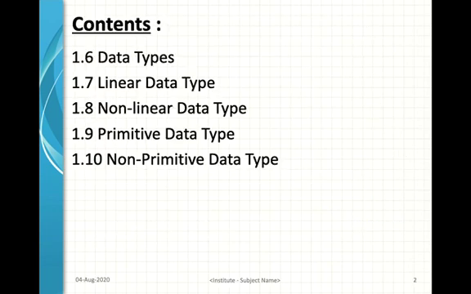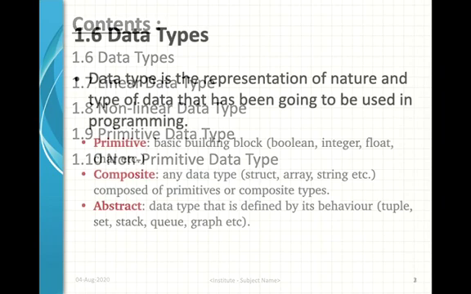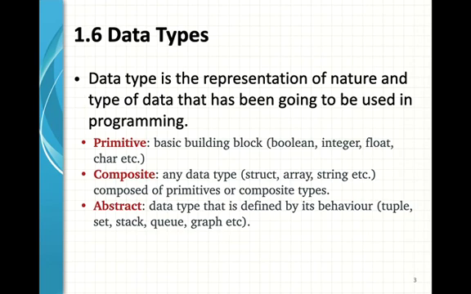Now data types. This lecture covers all types of data. First of all, what is a data type? You already have the concept of data type from the previous lecture. Again, a data type is the representation of the nature and type of data that is going to be used in programming.